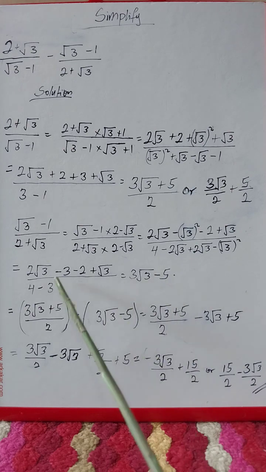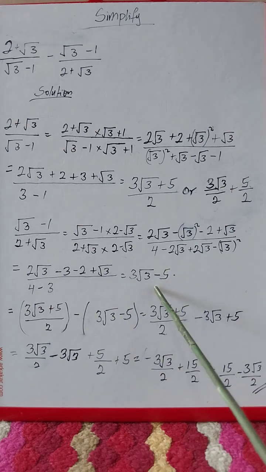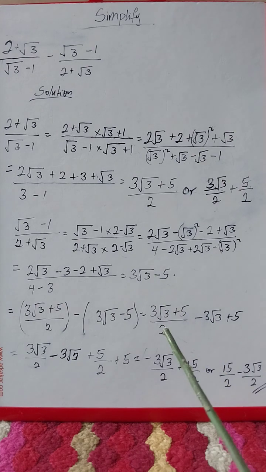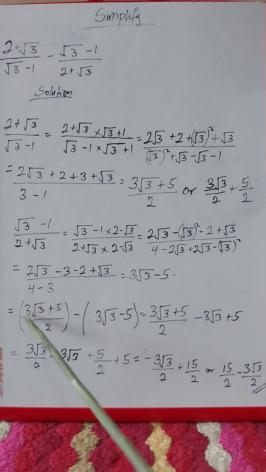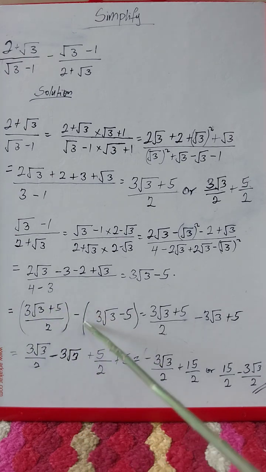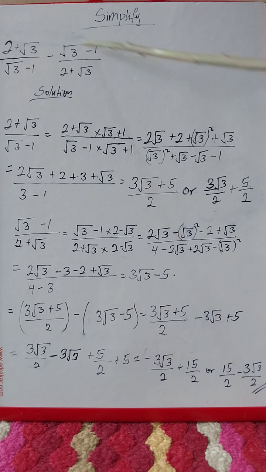Now this is the answer for the second term. So we put the answers together and subtract them. We subtract the second term from the first term as the question gives us.